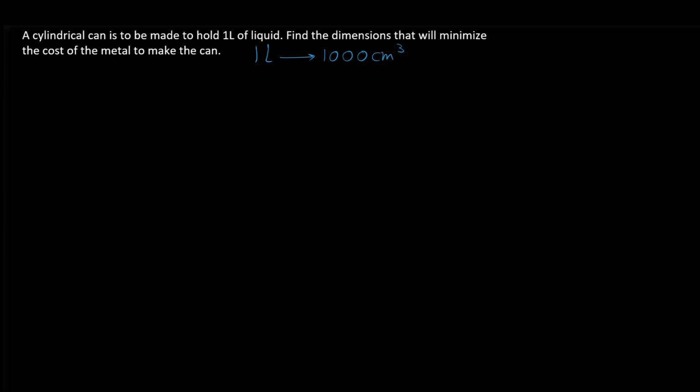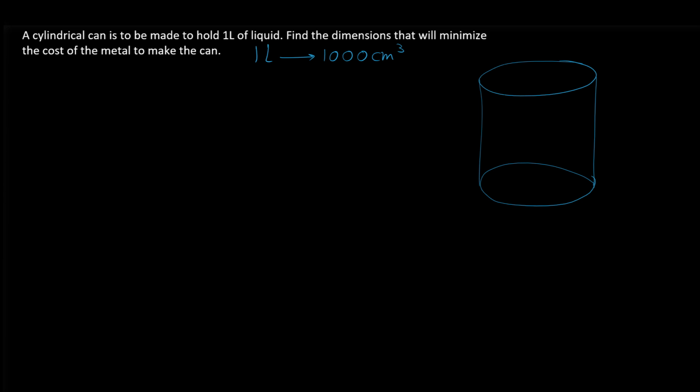We want to find the dimensions that minimize the cost of the metal. For minimizing the cost of the metal, actually we have to minimize the surface area of this cylindrical can. Suppose this is a can with volume 1000 centimeter cubed.